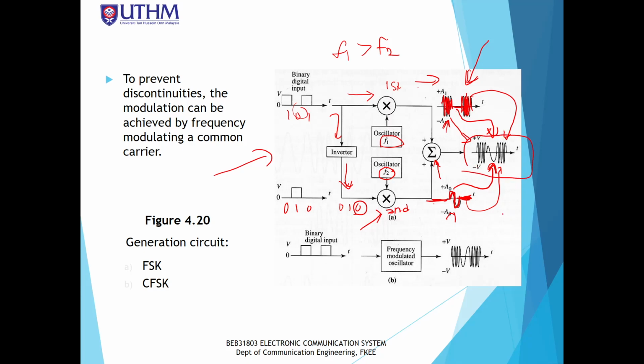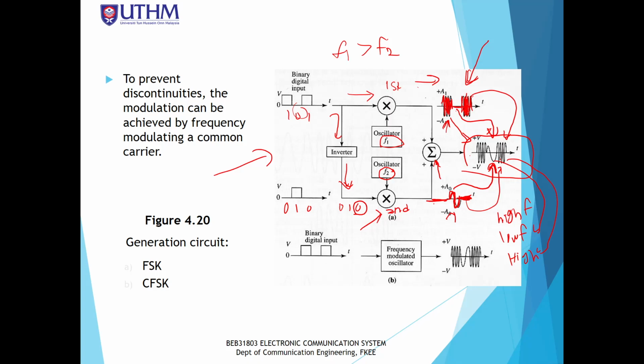What happens to the output is that you are going to see a high frequency, and then low frequency, and then high frequency. I see that the third one is high frequency. So high frequency, low frequency, high frequency, low frequency, and so on. So in FSK, you are going to see the output difference in terms of frequency. Only two possibilities of frequency happen here.